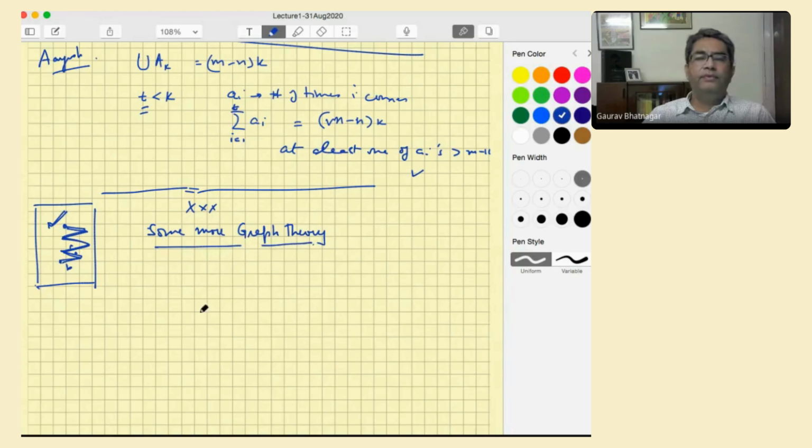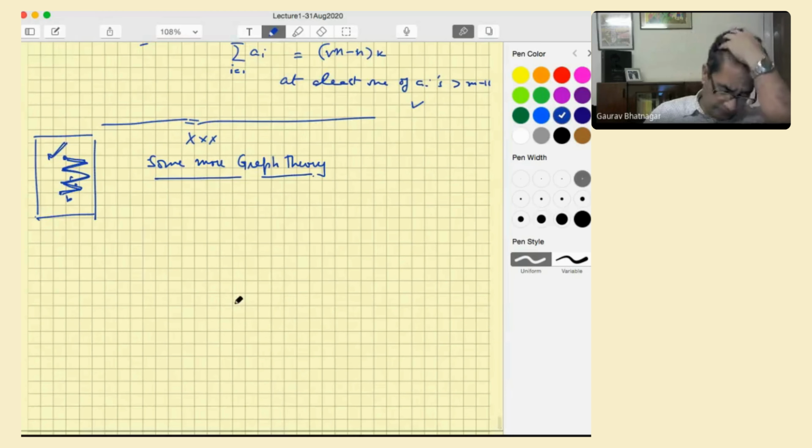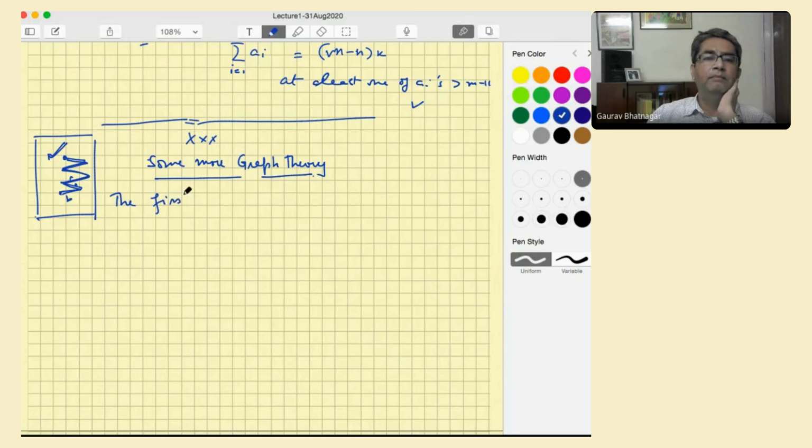Okay, so the first problem in graph theory, the very beginning, is the bridges.